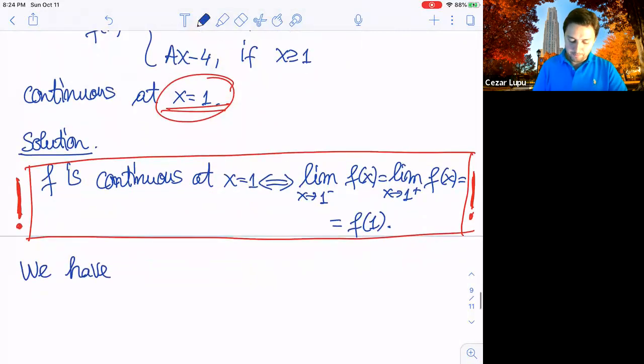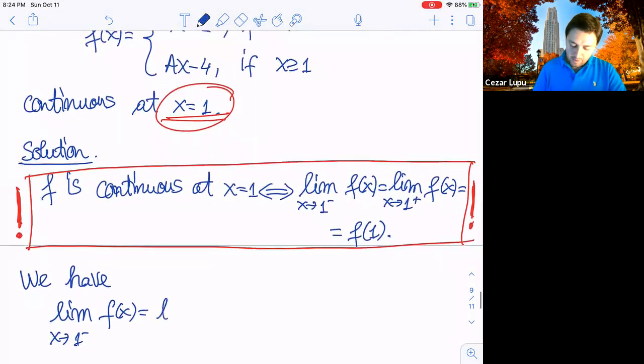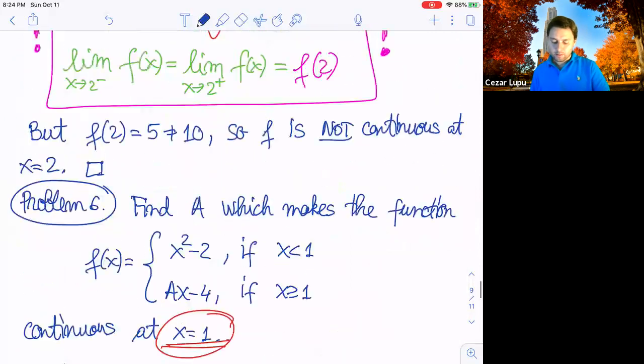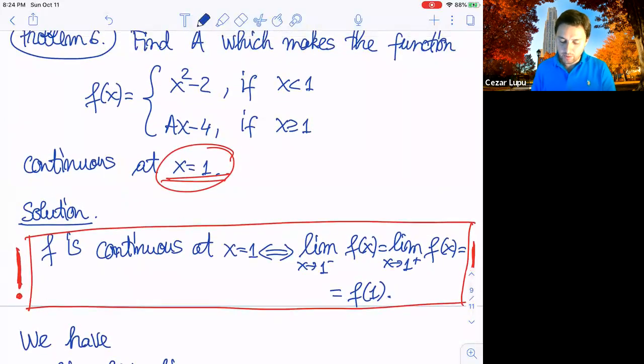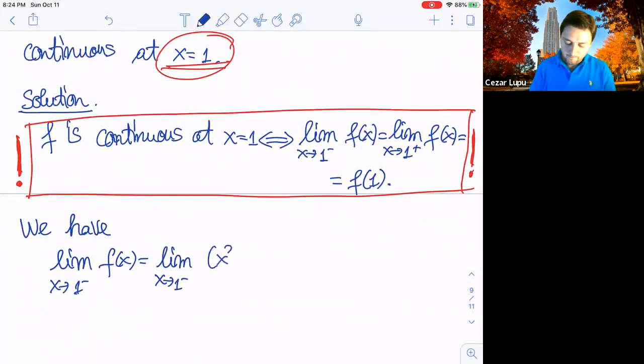We have that the left-hand limit is equal to, so let's see, for x values less than 1, it's x squared minus 2. If you plug it in, it gives us -1.